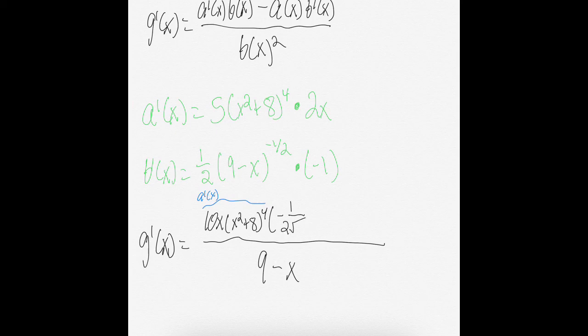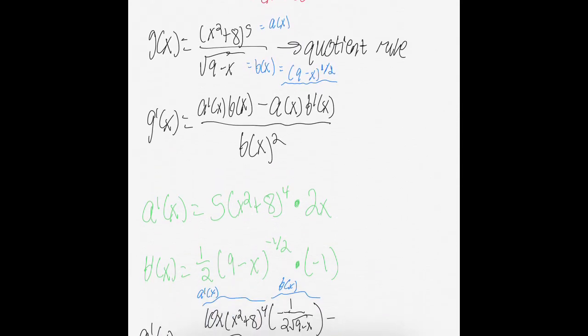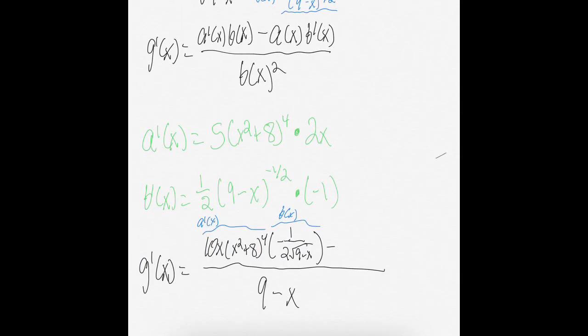Okay, so b of x is going to be negative 1 over 2 root 9 minus x. All that I did there was a little fanciness with the exponents and the negative exponent and the fractions. Okay, so that is b of x.